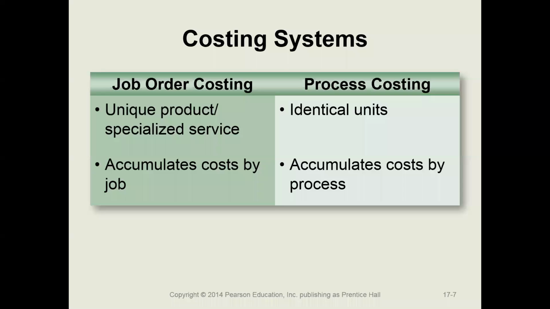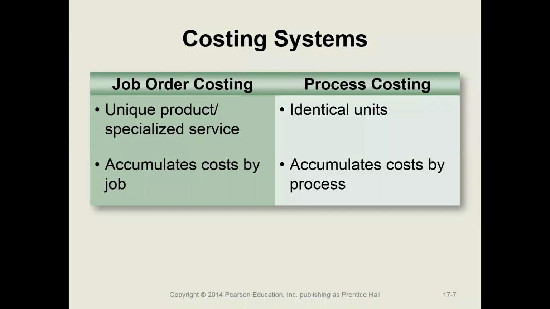Okay, there's two main costing systems. We're going to look at job order costing in this chapter, and we're going to look at process costing in the following chapter. Job order costing is appropriate for products where the costs can be accumulated by job, by project, by product, some kind of discrete, separate category or classification.